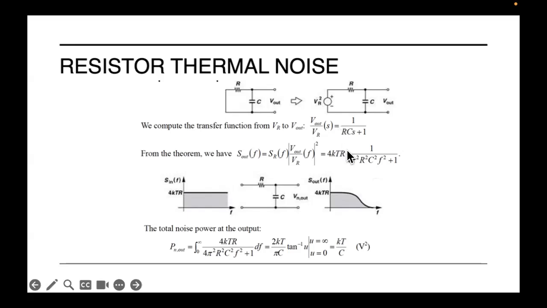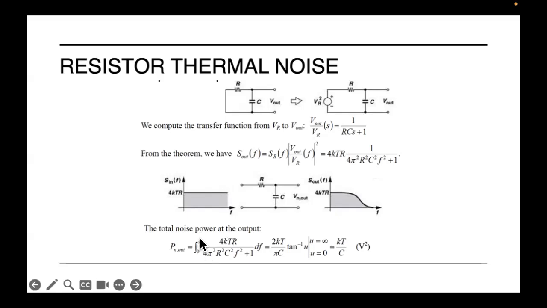In order to calculate the overall power due to the noise at the output terminal, what we can simply do is integrate this across the full spectrum. Again, here we are using a single-sided representation, so it's from 0 to infinity.